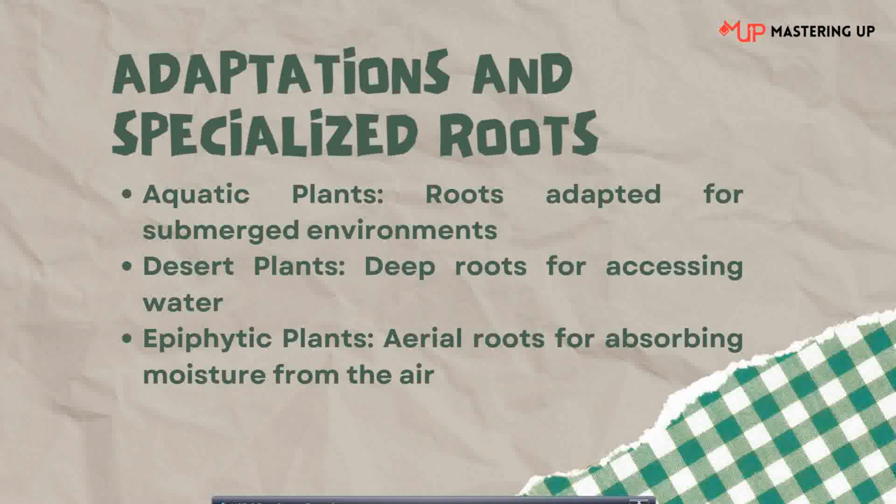In epiphytic plants like orchids, aerial roots, that is roots above the ground, are present, and this helps in absorbing moisture from the air. They don't take water and minerals from the underground soil; they absorb them from the air.